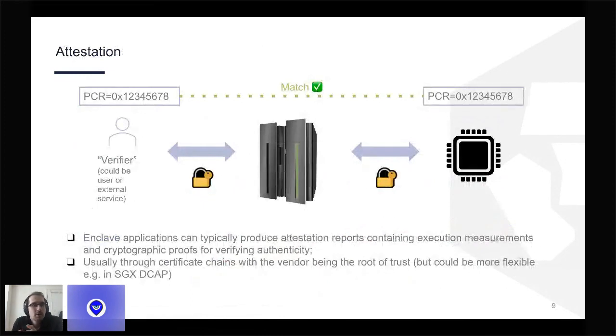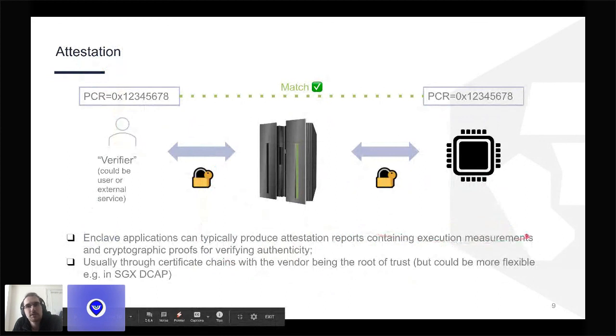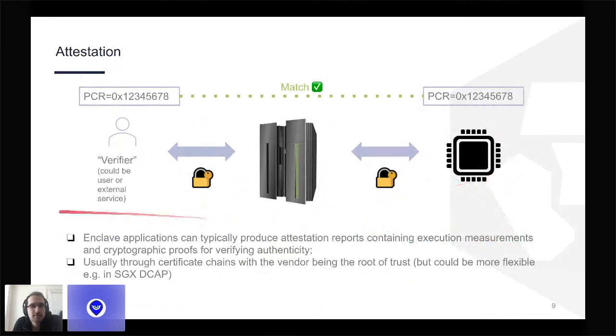One common concept I would briefly cover when we talk about TEEs is attestation. When you have an enclave application executing, and some external party, it could be a user or a service, tries to connect to that enclave application, the enclave application can produce what's called an attestation report.